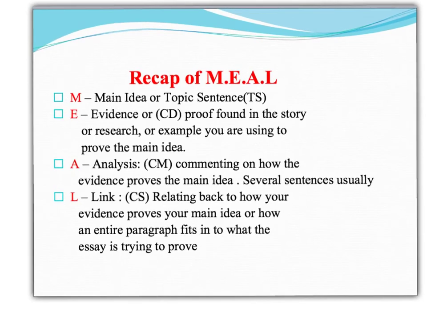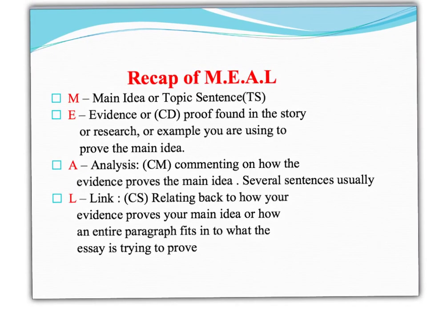Okay, so let me just recap what MEAL is. M is main idea or topic sentence. E is evidence or proof found in the story or research or examples you're using to prove your main idea or claim. A is the analysis or how you're commenting on how the evidence proves the main idea, and the analysis is usually several sentences.